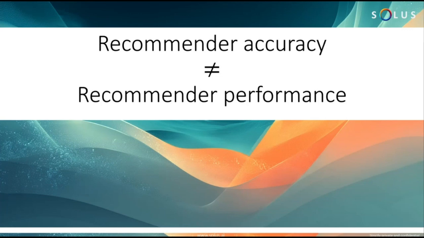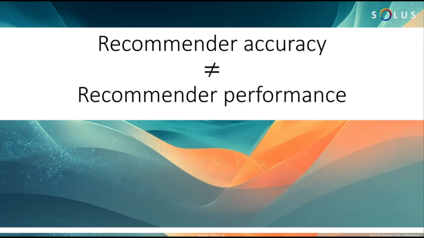But recommender performance, on the other hand, is a multi-tiered sort of question, because you're talking about performance in terms of that analytical accuracy. You're also talking about performance in terms of, am I getting the customer to engage with the brand by getting on the website or getting on the app? Am I getting the customer to buy more? Am I getting the customer to buy more in the direction that I'm nudging him or her in? All of these questions become part of recommender performance.